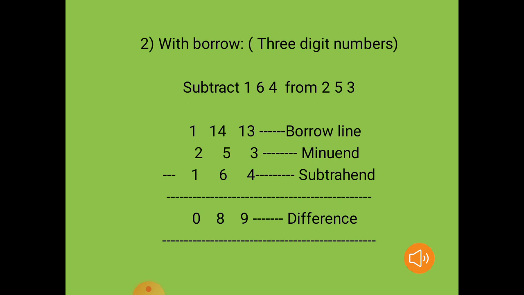Whereas when I borrow, 4 becomes 14. So 14 minus 6 is 8. Next, 1 minus 1, I get 0. So 253 minus 164, the difference which remains is 89.